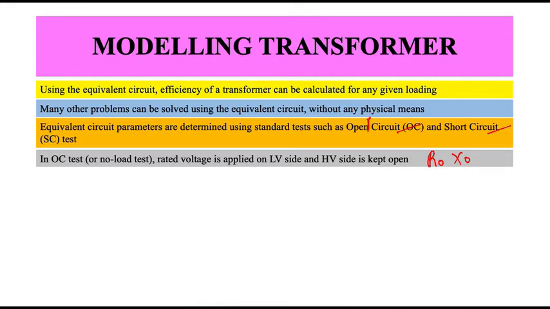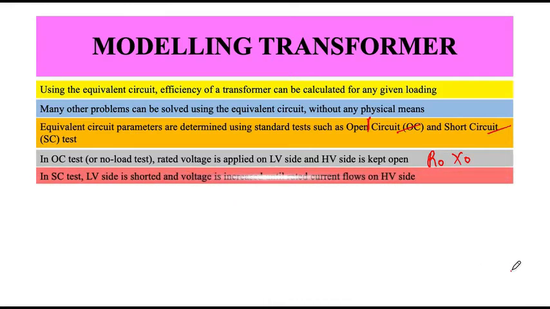Just by the relationship between voltage, current, and power, that we call in our lab experiment the no load test. Similarly, to identify the resistance and inductance of the winding, you could do the short circuit test, where the low voltage side is shorted and you keep on increasing the voltage from 0 to a value where rated current will flow on the high voltage winding.